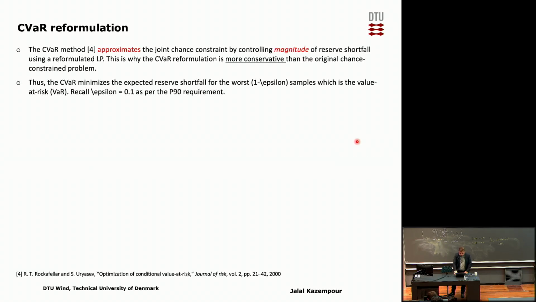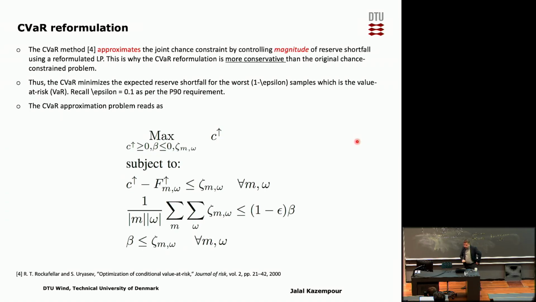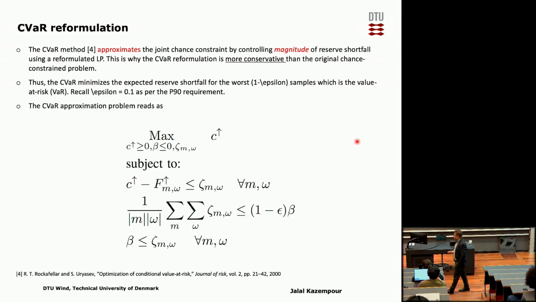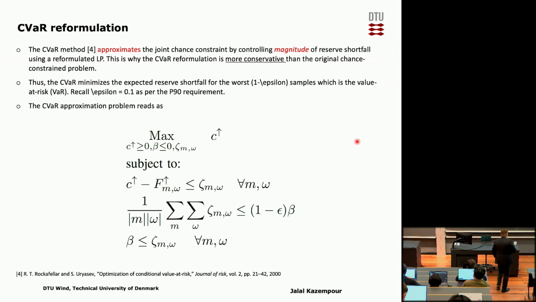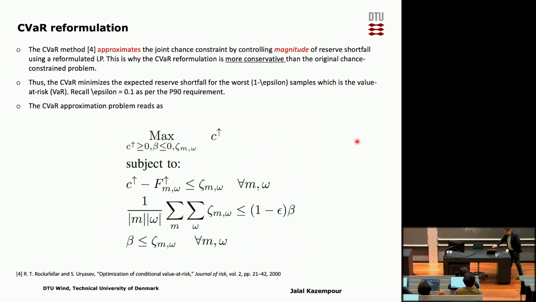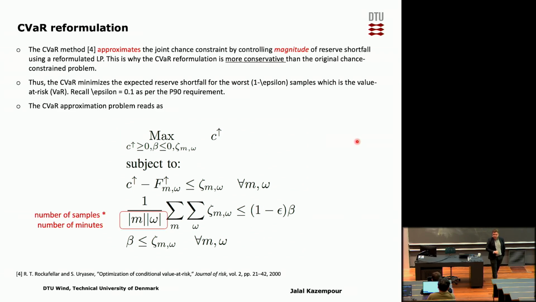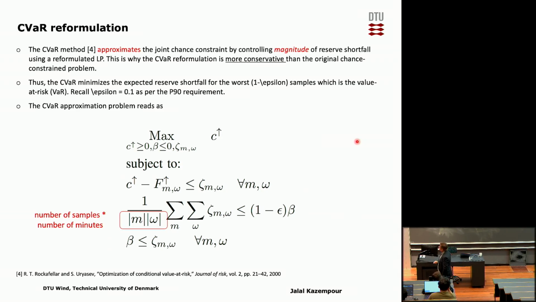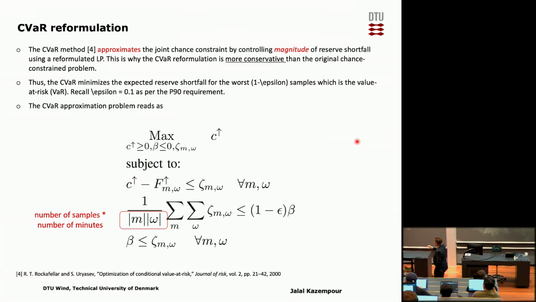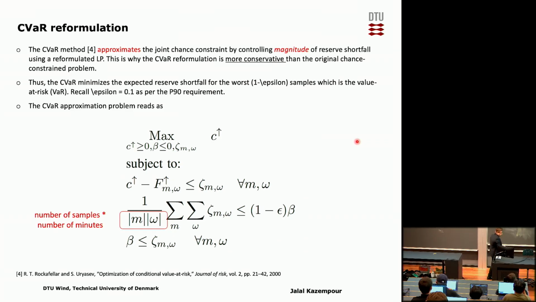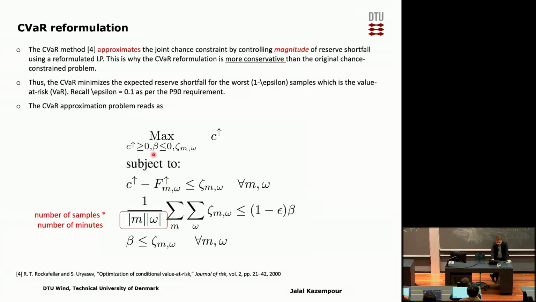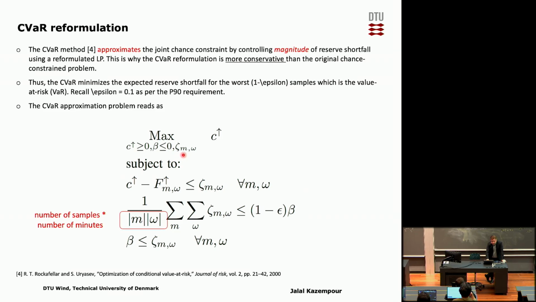If you want to use CVaR, I will not go through how the reformulation happened, but you can use this optimization problem in your assignment. It's a linear program. There is no binary. Still, the objective function is maximizing the bid. Again you have samples, and also you have 2 extra auxiliary variables, beta and zeta, per minute per omega.